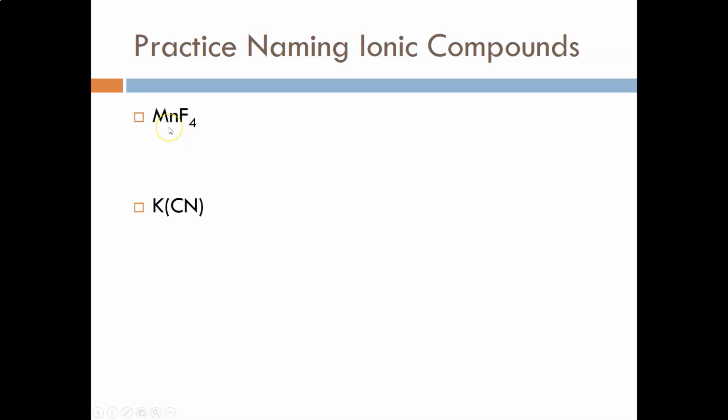This one's a little tricky because manganese is a transition metal. I can't just say manganese fluoride. I have to tell people which type of manganese this is. That will take a little bit of practice because you have to kind of work backwards and puzzle through it. We know that fluorine is a -1 charge.